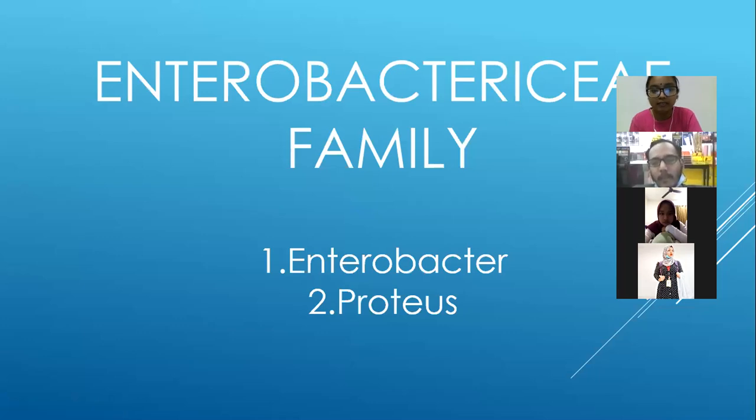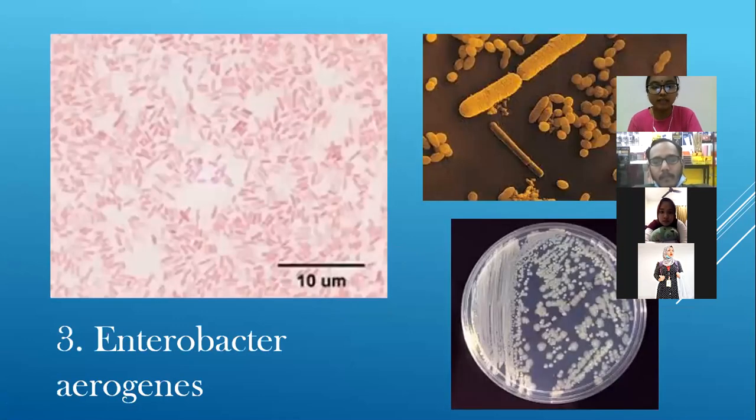Okay, next we have two types of microbes from the Enterobacteriaceae family. First we have Enterobacter aerogenes. It's a gram-negative bacteria, and it's a spore-forming bacteria that lives as a facultative anaerobe.